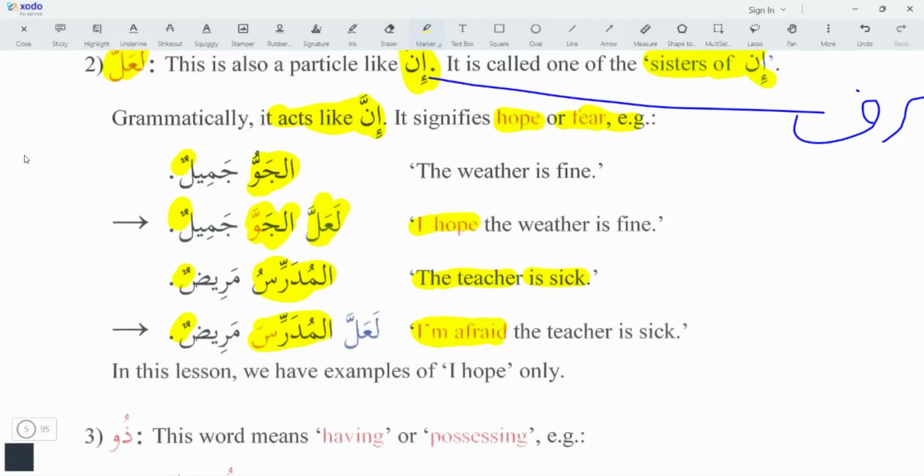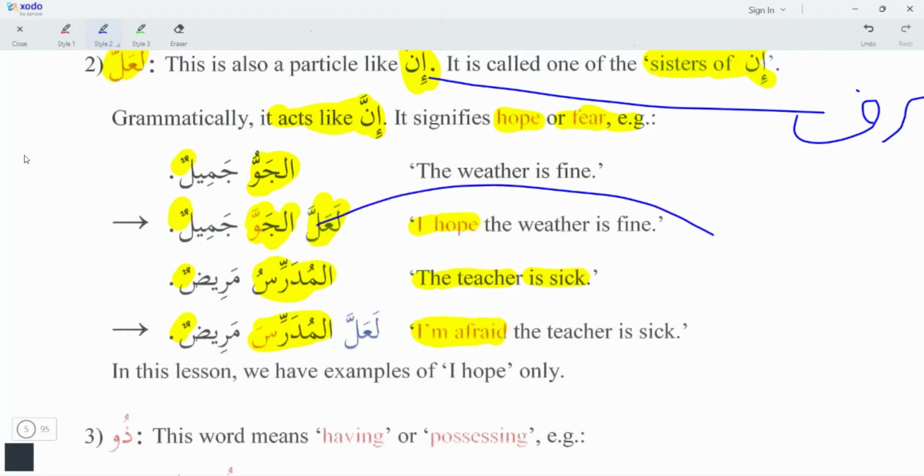Okay, clear, sir. La'allal mudarrisa maridun, I am afraid the teacher is sick. It is the same. Al-jawwa, la'alla al-jawwa. This is ismu la'alla.